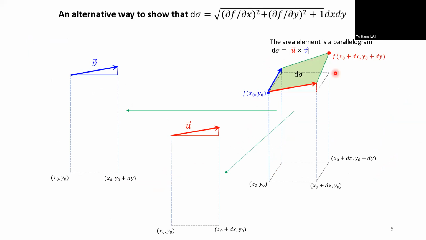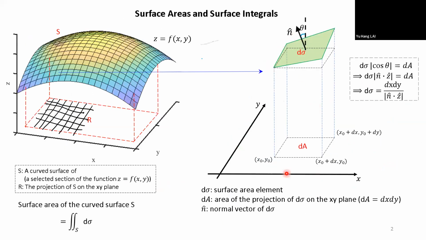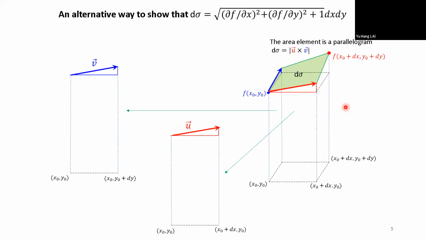So this picture over here is what I have shown you in the first slide, right? Just this one. So I draw it here again. And my purpose is to show you that this d sigma is given by this formula here. So look at the geometry here.